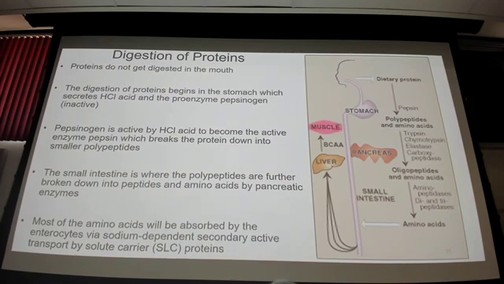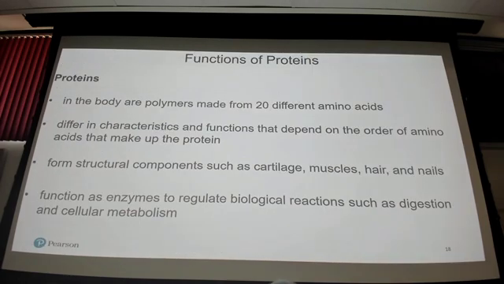We're going to talk about the specific enzymes and what they do in a later block, but for now, you just need to know generally how the digestion of proteins occurs.